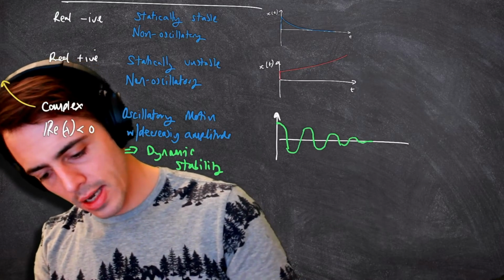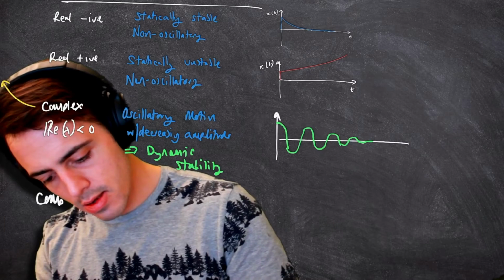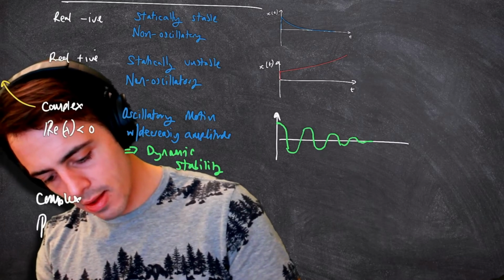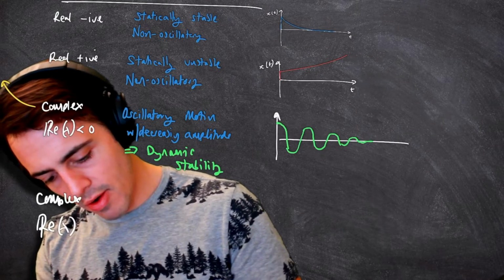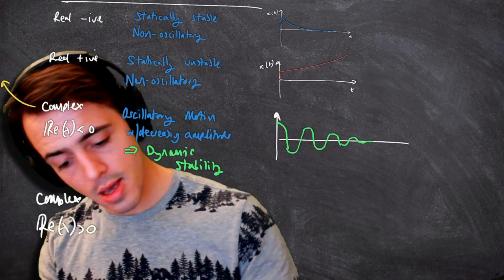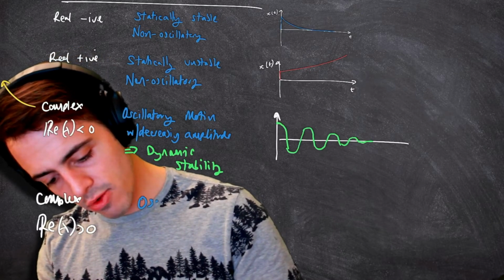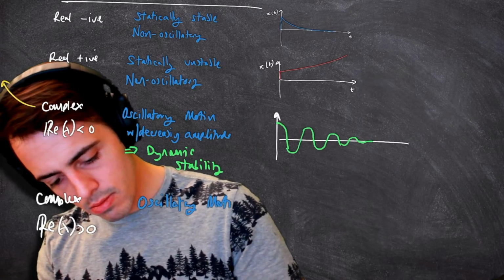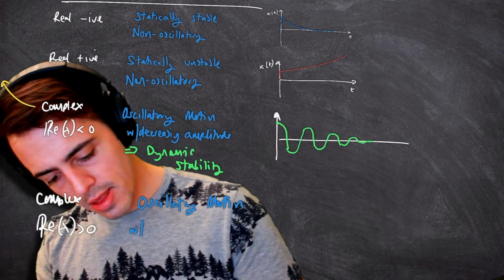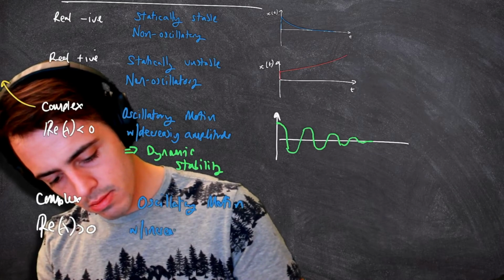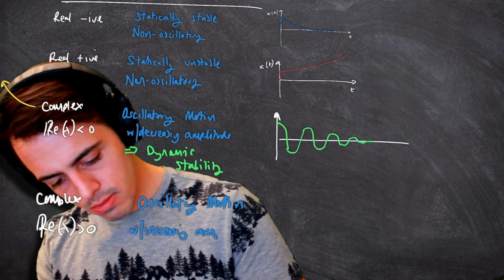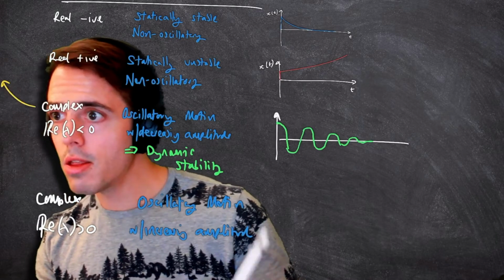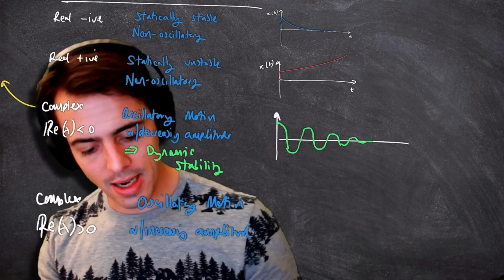And then the other one, we can have complex with a real part that's greater than 0, or a positive real part. Again, because we've got complex, it's therefore got oscillatory motion with increasing amplitude. So this is therefore statically unstable.